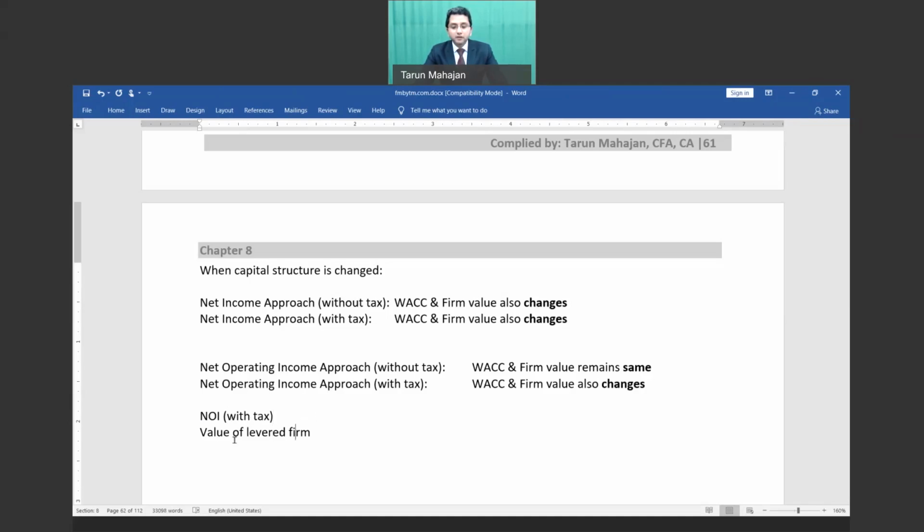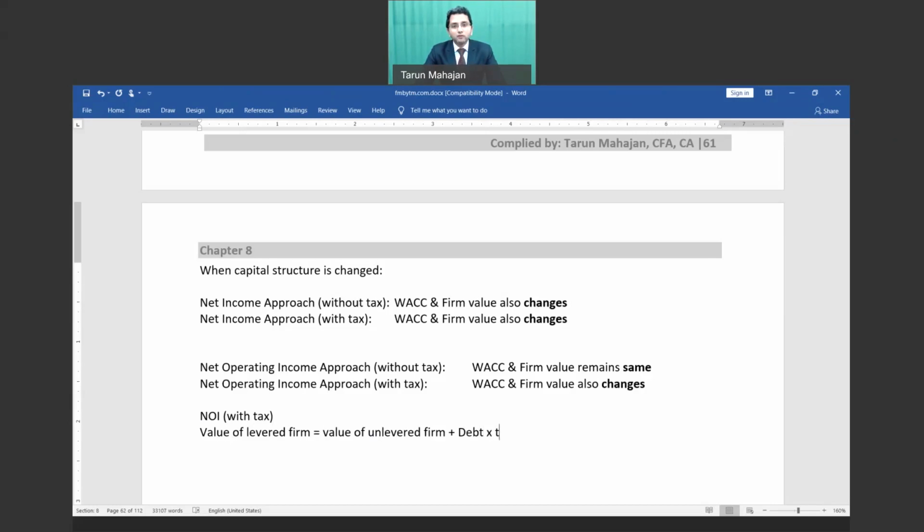So value of levered firm is equal to value of unlevered firm plus debt multiplied by tax rate.